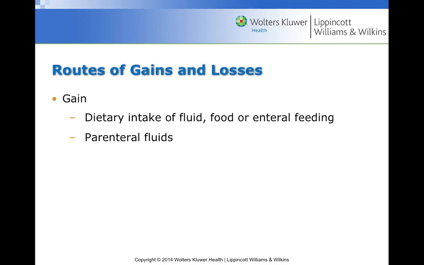Continuous water loss by evaporation, approximately 500 mLs a day, occurs through the skin as insensible perspiration, which is that non-visible form of water loss. Fevers greatly increase the insensible water loss through the lungs and the skin, as does the loss of the natural skin barrier, which happens if any major burns occur.